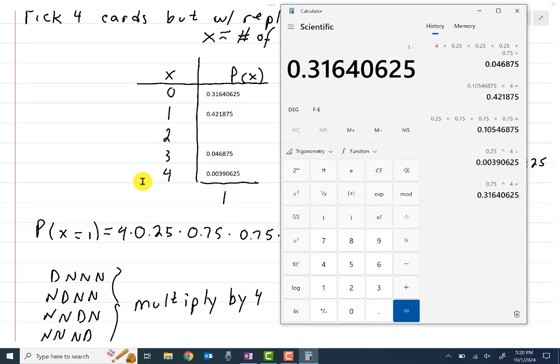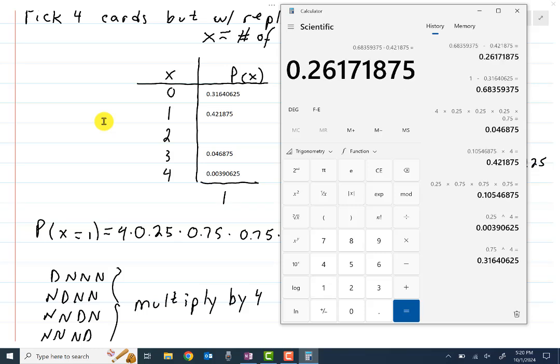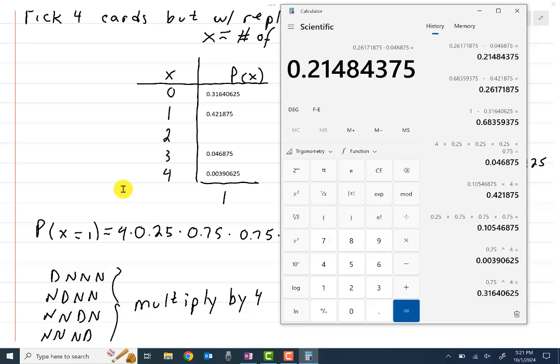0.316400625. Enter. Now I'm going to subtract this 0.421875. Then I'm going to go down here and subtract 0.0. Well, you get the idea. And then I'm finally going to subtract this from it.